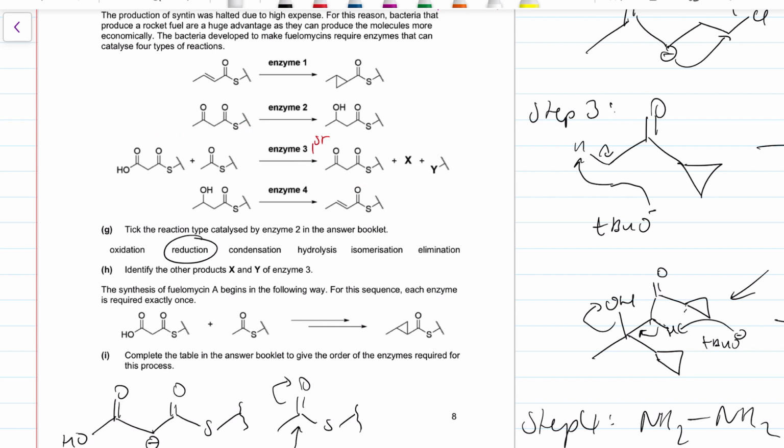So enzyme 2 is going to go next. Create this. This is what enzyme 4 needs. So enzyme 4 is going to go after that. And lastly, we're going to have enzyme 1. And then that final product should be the same thing we have, and it is. So the order is firstly enzyme 3, then 2, then 4, then 1, and that's the answer.